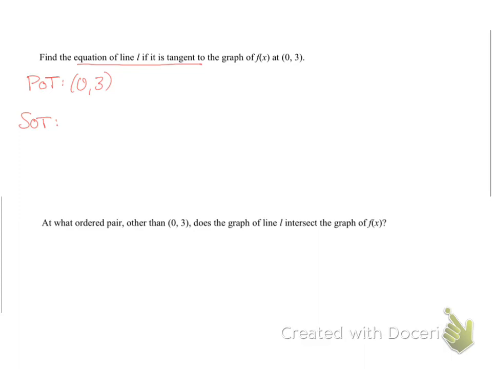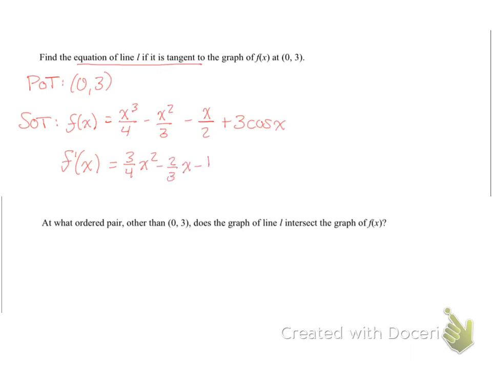So if f of x is equal to this ugly thing here, minus x squared, I need to find the derivative. Okay, well that's going to be 3/4 x squared minus 2/3 x minus 1/2, minus 3 sine x.